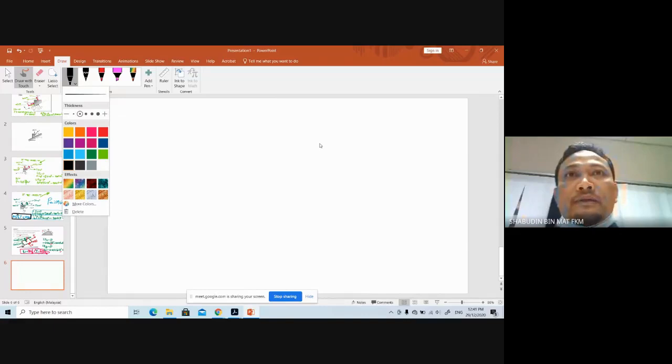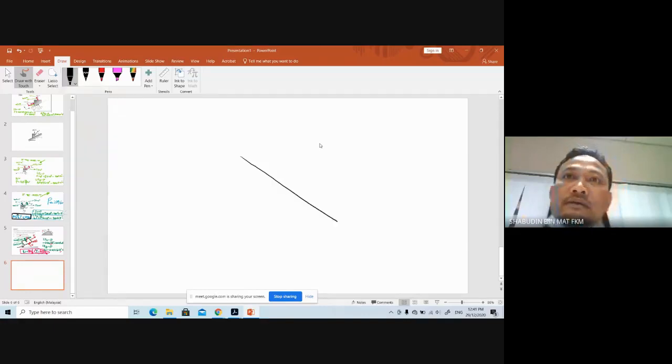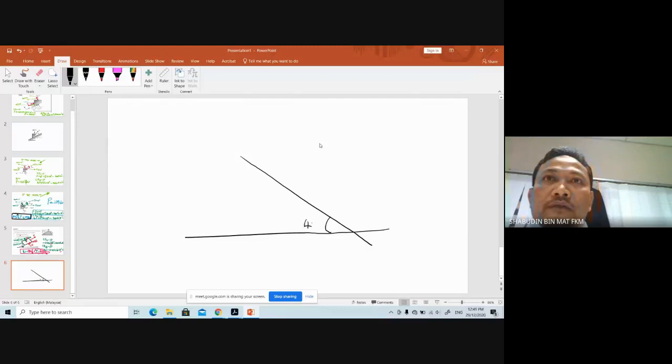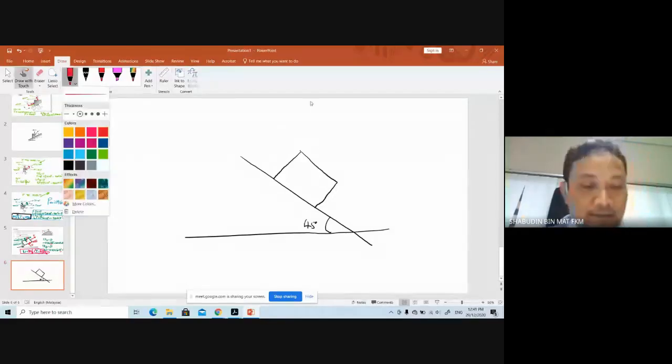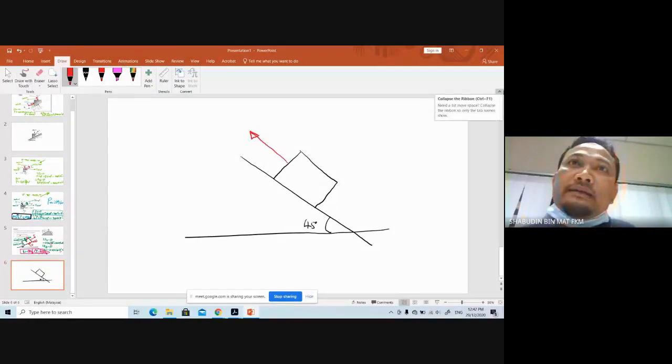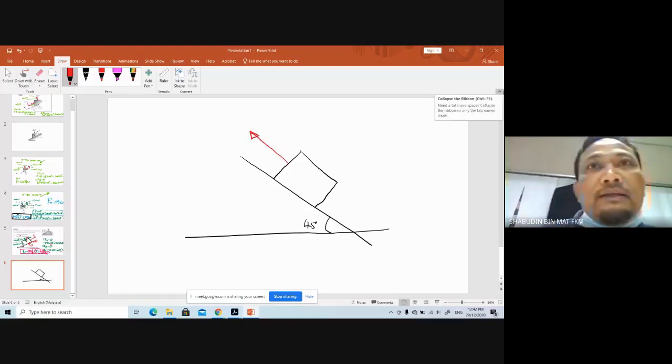You have 45 degrees there, and you have a block there. You have T, and T must always be out of the point. You know T this time. That's why we needed T just now.